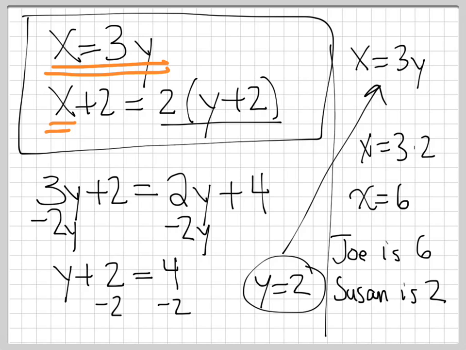And that makes sense. 6 is 3 times 2, and 2 years from now, they'll be 8 and 4, and 8 is twice 4. So there's an example word problem. It can be solved using substitution instead of the elimination that word problems usually look like. And that's it. This is the wrap-up of the chapter. Go ahead, study for the test, and I will see you in class.